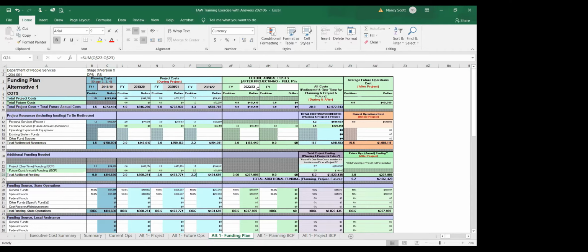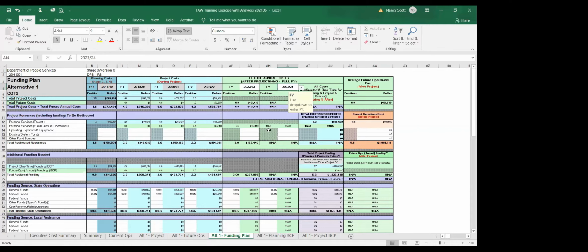So the first year after that is 2023-24. If I wanted to go ahead and add that next year, 23-24, it's going to give me that NA, which means that's not applicable.